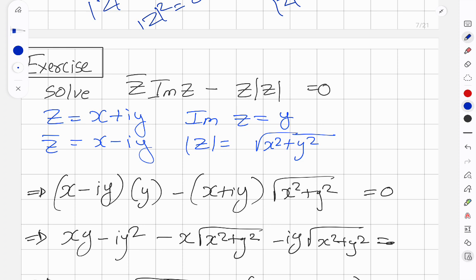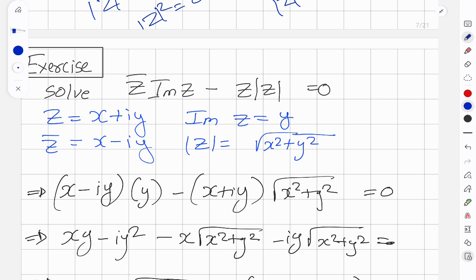I got x equal to 0, so I substitute x equal to 0 in this equation. So this is actually this solution or this solution. Then I got y equals to x square plus y square root over. If you substitute this one, that will be 2 times x square y square.